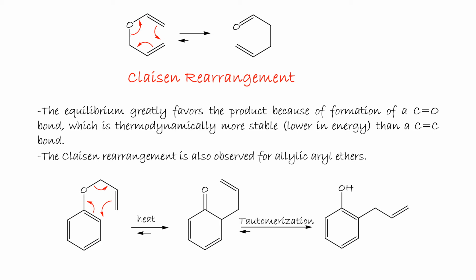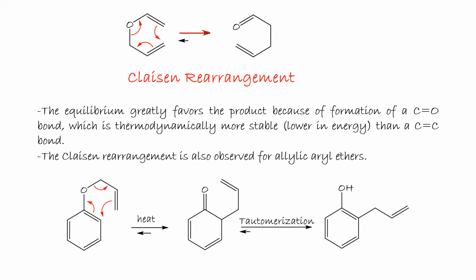Claisen rearrangement. Once again, why does this reaction take place? Vinyl allyl ether goes to an aldehyde here with one double bond.